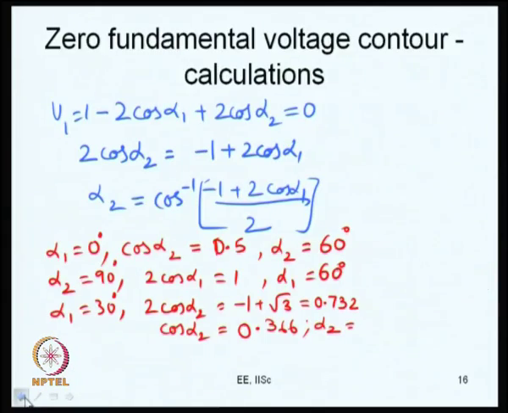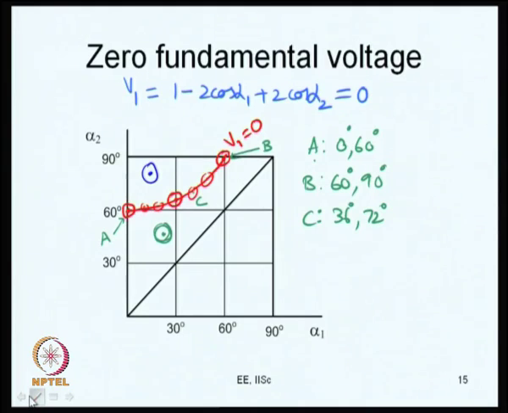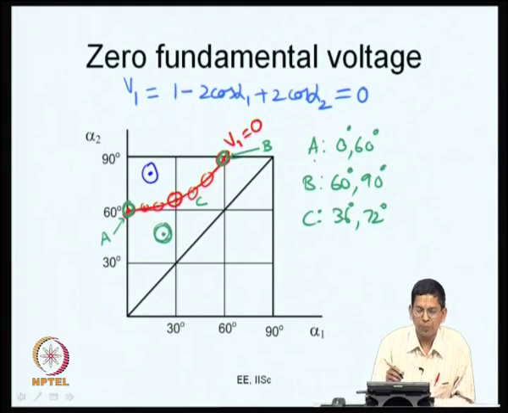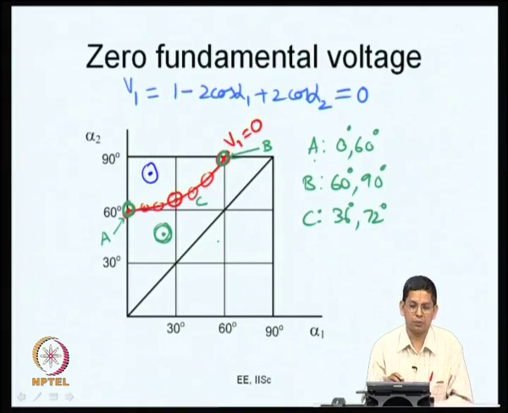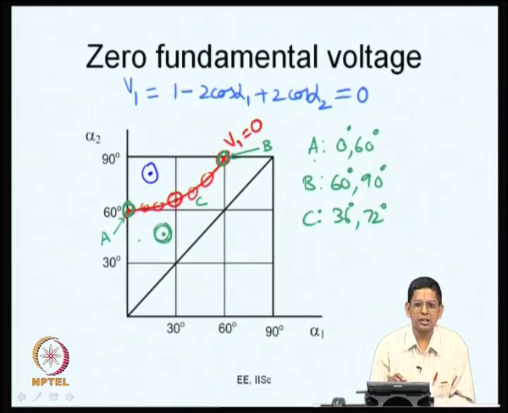So, if you look at this V1 is equal to 0 curve, what turns out is that these two points A and B are good operating points. Why are they good operating points? The entire curve is capable of giving you 0 fundamental voltage, but at points A and B the harmonics are all 0. In all the other points, the harmonics are quite high.